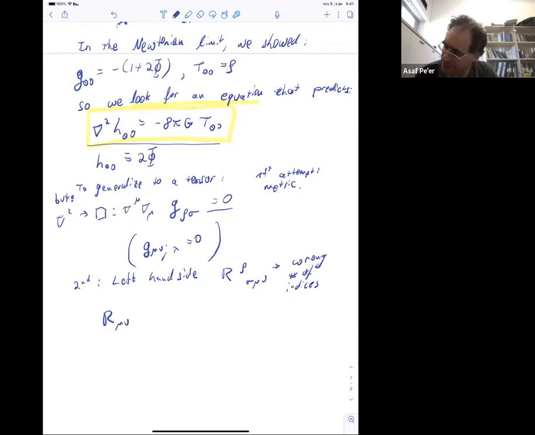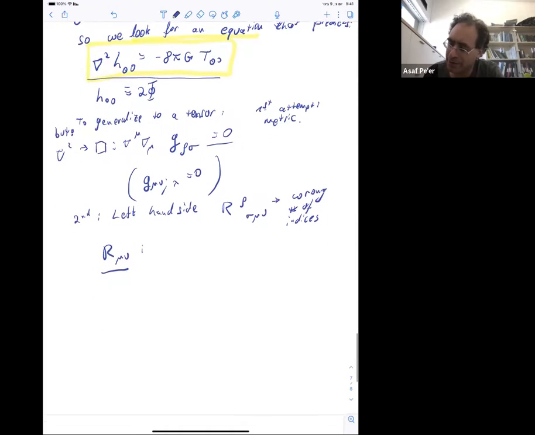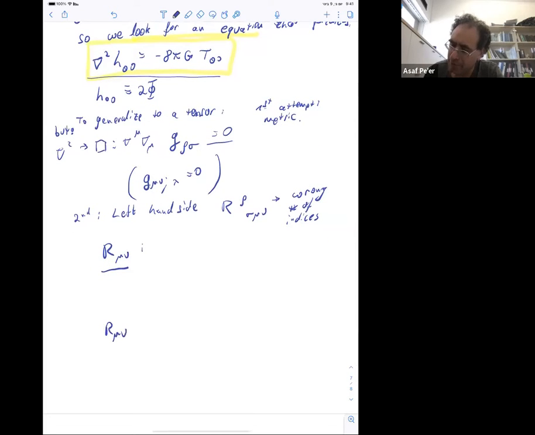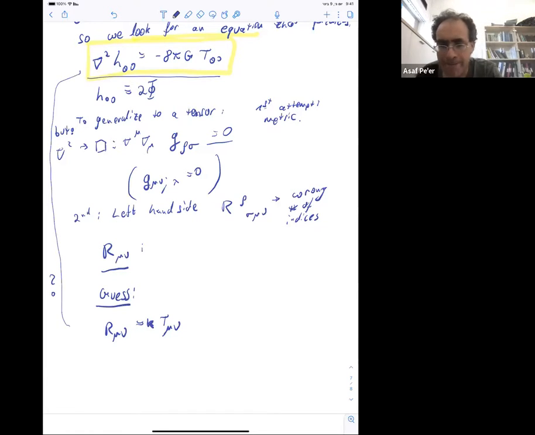So we can guess that the gravitational field equation might be of the form R mu nu is some constant times T mu nu. What we need to do is to show that this retrieves back, in the weak field limit, this equation. Put a question mark. And then I need to find out what kappa is.